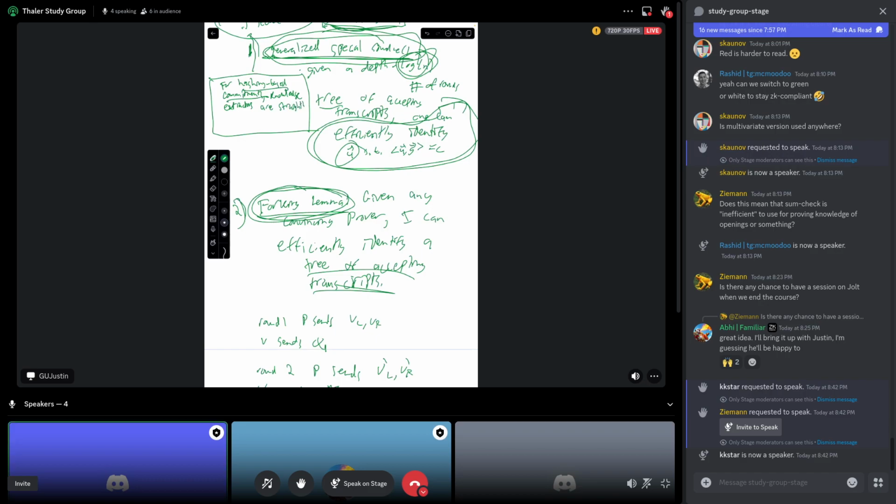They just look very different, right? Forking lemmas intrinsically are not straight line. They always involve running the prover once and then rewinding it and running it again. That is literally the opposite of straight line.